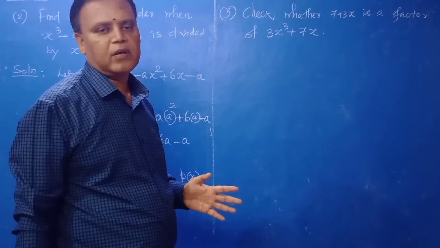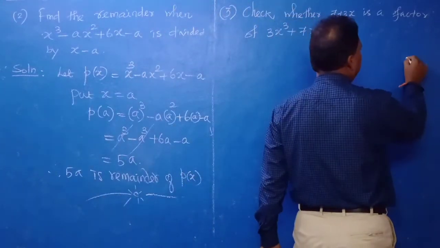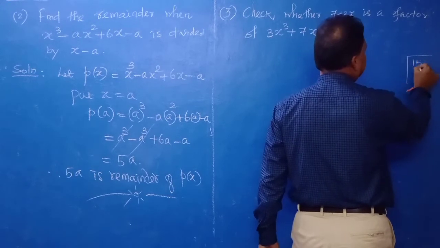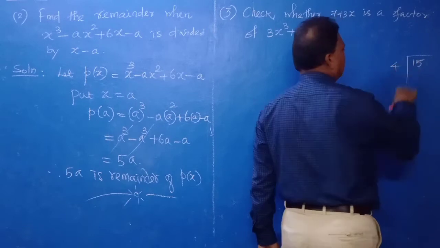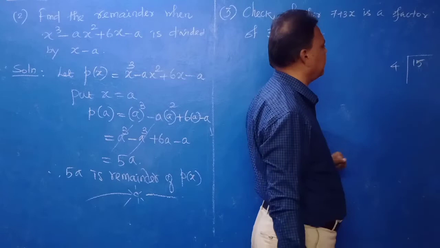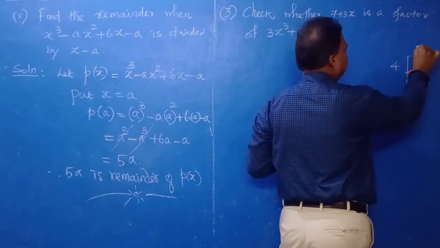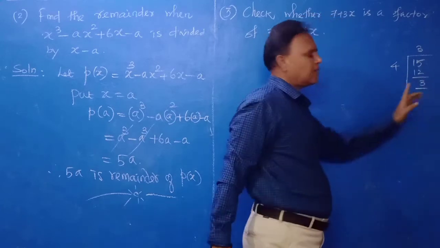For example, take two numbers: 15 by 4. In 15, how many 4s are there? 3. Quotient 3, that is 12. So what is the remainder? 3.